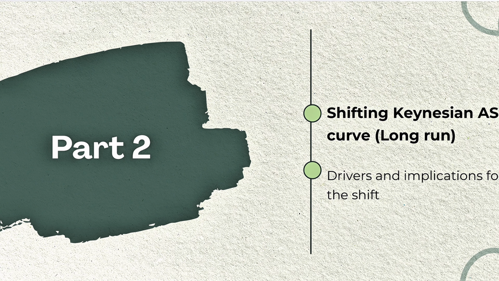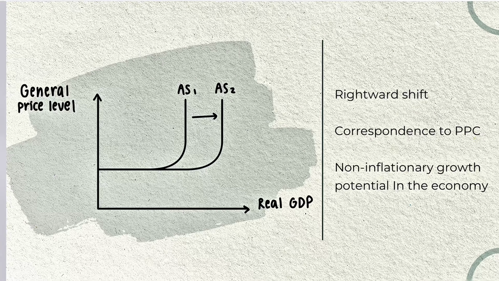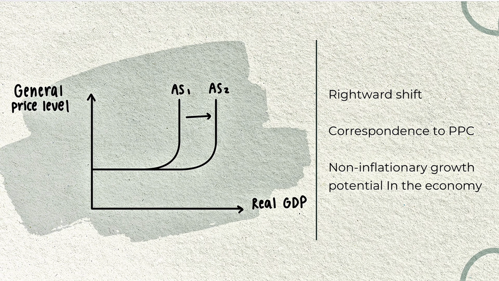So in this section, we look at shifting the Keynesian AS curve in the long run. Please be reminded that this long-run diagram is simply showing economic growth and not a return to equilibrium. So this shows an increase in capacity of the entire economy.